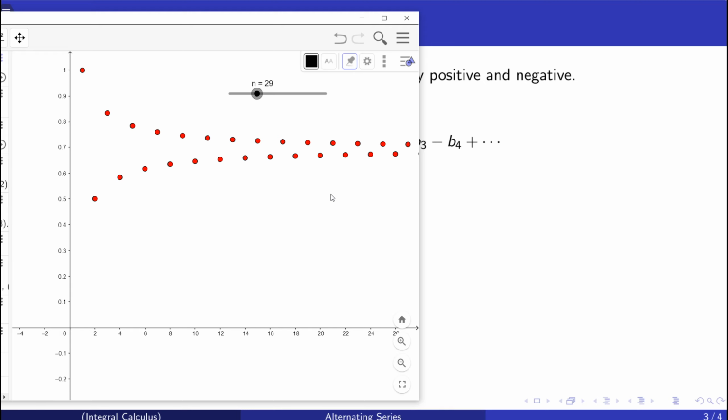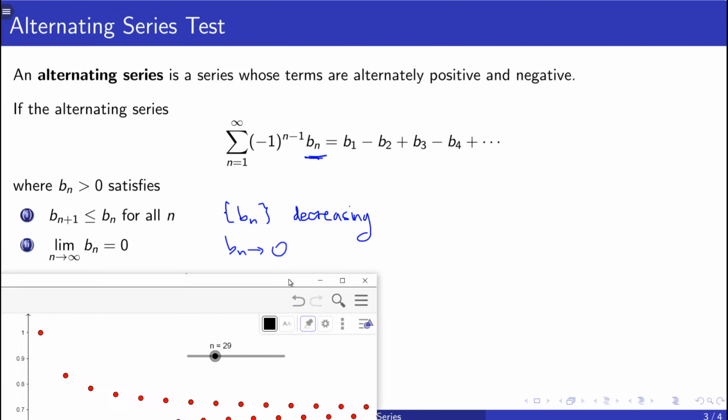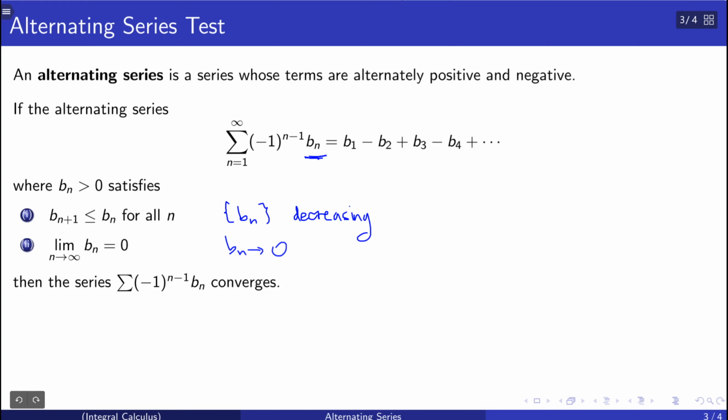So we know they're going to converge. And we know that they're going to converge to the same number because this b_n goes to 0. b_n is whatever you're adding or subtracting to get to the next partial sum. And so that's the rationale, that's the idea behind why the alternating series test works.